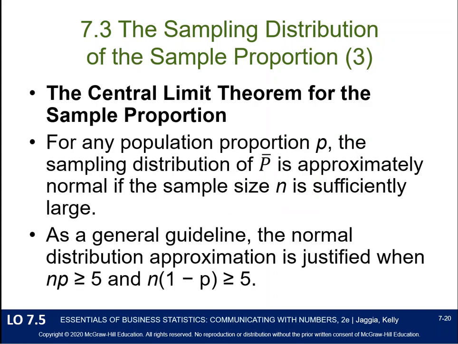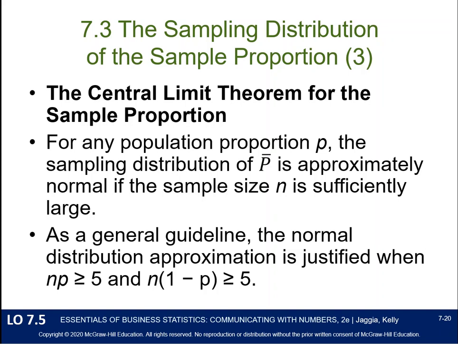Now, the central limit theorem does apply to the sample proportion. However, it's a little bit different. We can't just say you have to have a sample size larger than 30. As a general guideline, the normal distribution with respect to proportions is approximated when N times P, so N is the sample size multiplied by the population proportion, is greater than or equal to 5, and N times 1 minus P is also greater than or equal to 5.